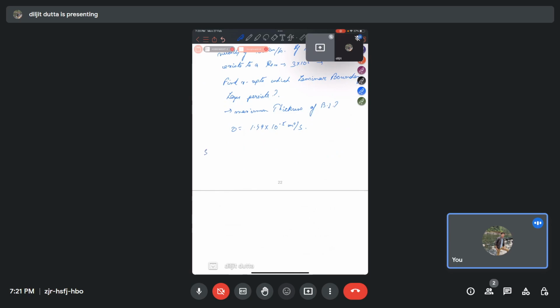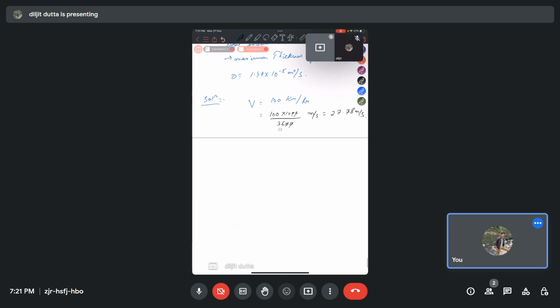So let us solve this numerical. First, the free stream velocity is 100 km/h. Let us convert this to meter per second: 100 into 1000 by 3600, so it will come as 1000 by 36, which is 27.78 meter per second.